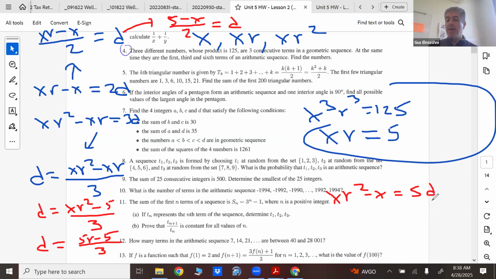That's because the first and sixth terms differ by 5 times the common difference. So I could also rewrite it as 5r minus x over 5 equals d.